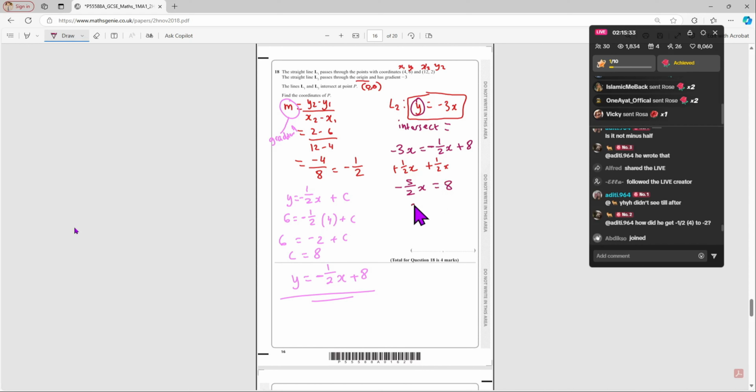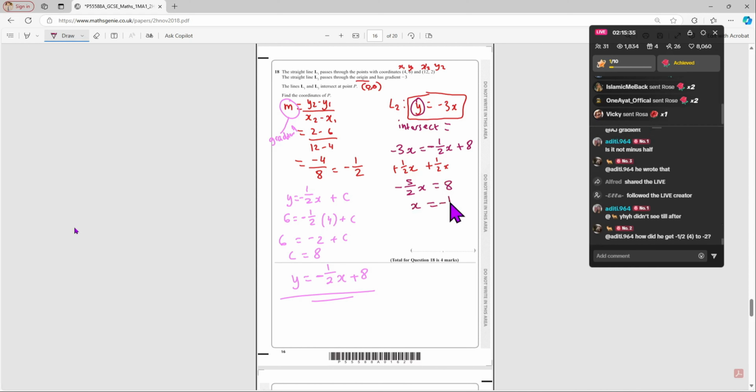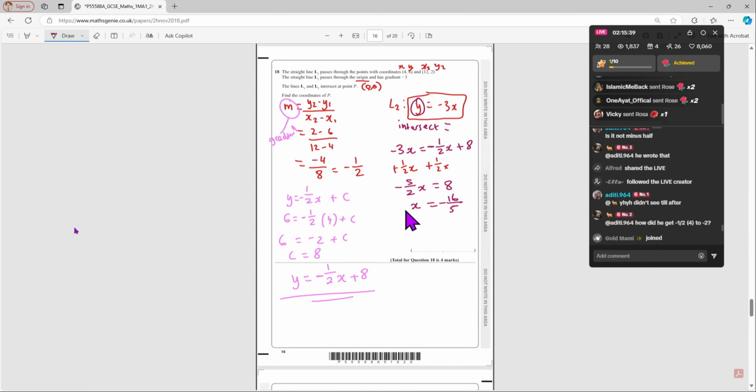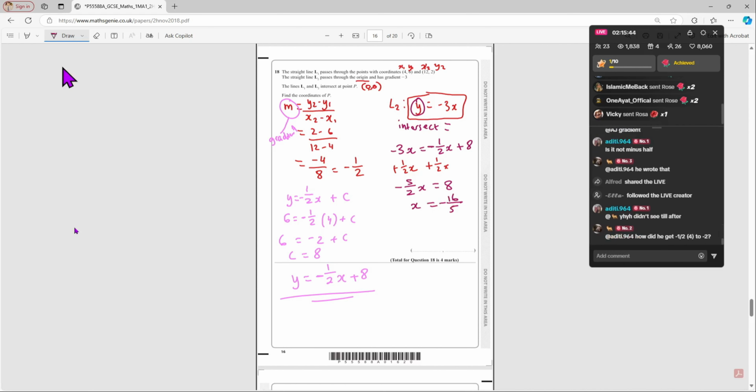And then we know that x is equal to minus 16 over 5. So we know the value of our x now. Now we just need to find the value of our y. So we know that our x value is minus 16 over 5.